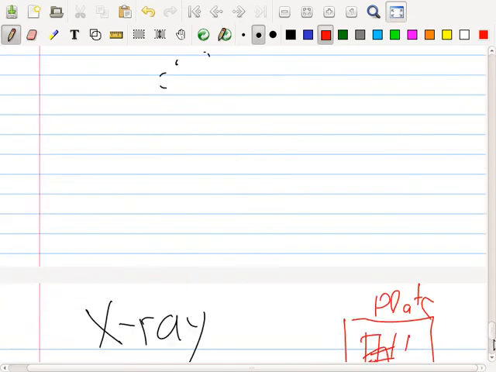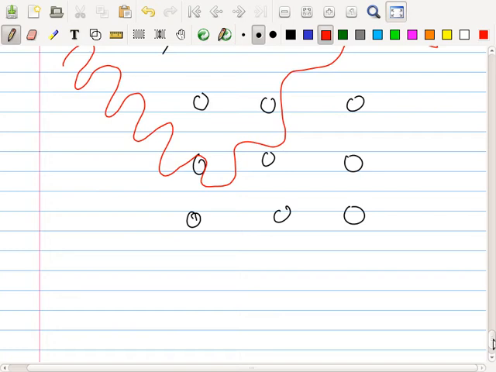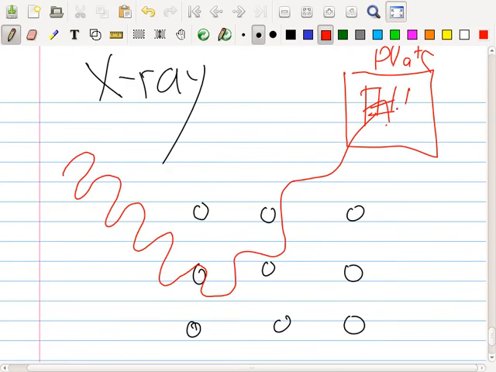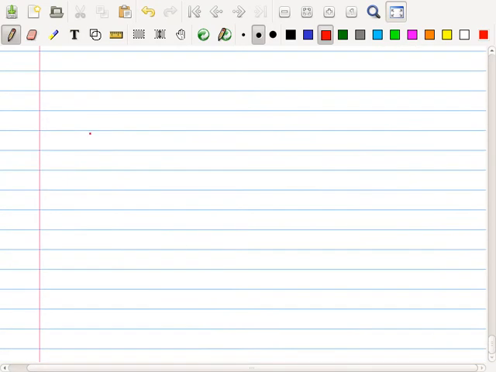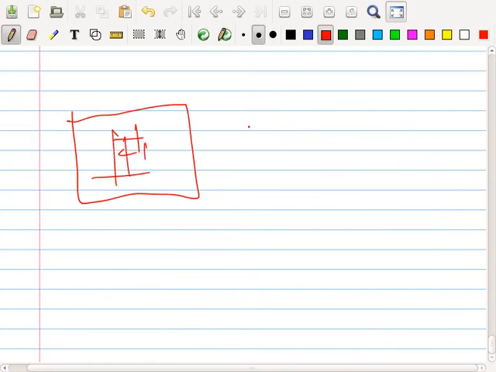What these scientists did is, by looking at this picture, they were able to work out the shape. So they were able to go backwards. They looked at what they got, and they said, okay, it must be like this. And they were able to get information about the size and the distance and everything. So they can use this technique to get us information about atoms.